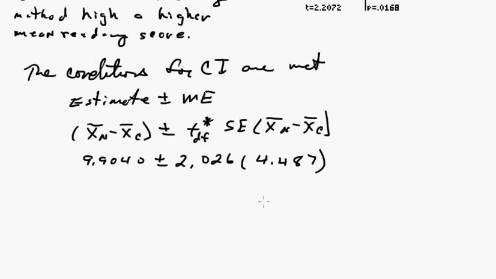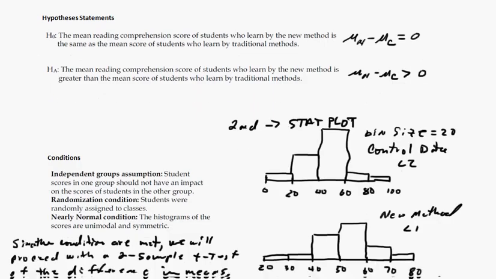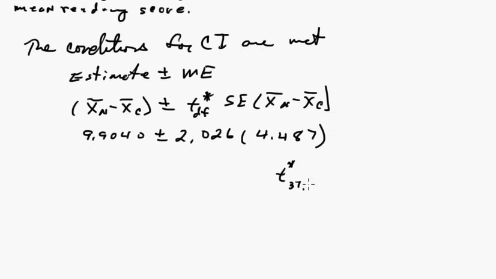If that's the case, then we would say t star of 37.276 equals inverse t of 0.025 of 37.276. I just want to check that myself.